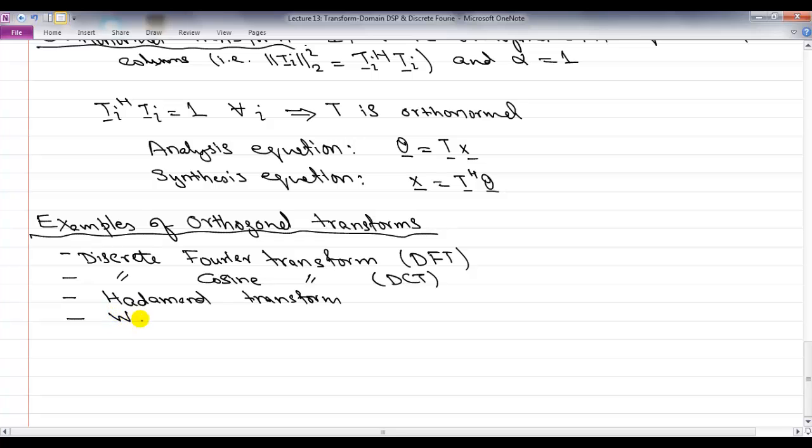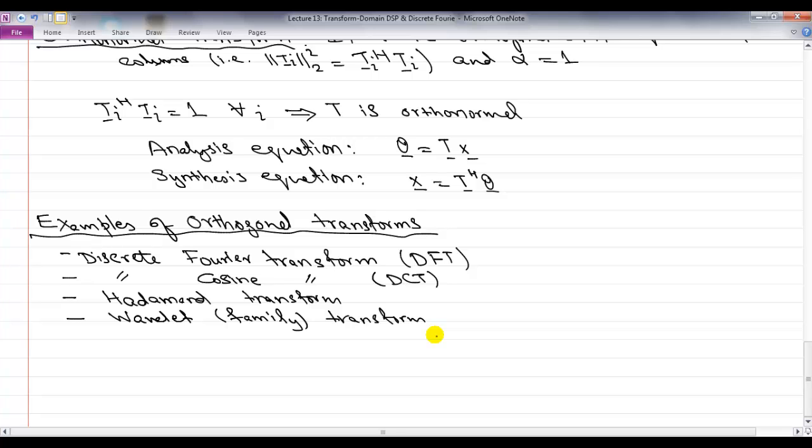You have wavelet transform, and the reality is we should be calling it wavelet family transform, because wavelet transform is again a general notion of a transform. It depends upon what final wavelet, mother wavelet, you decide to use, which we'll cover later.